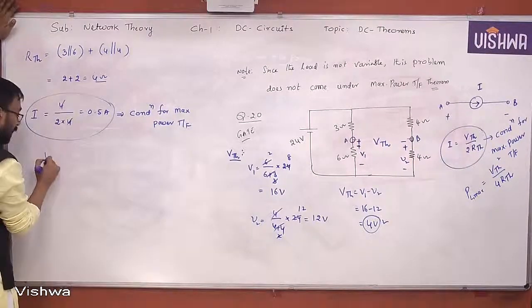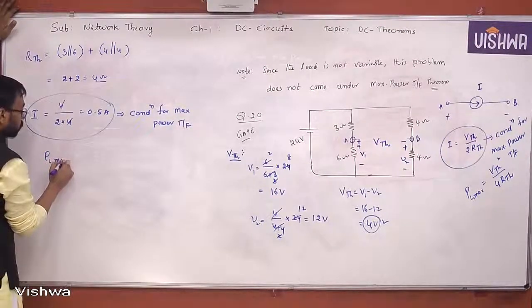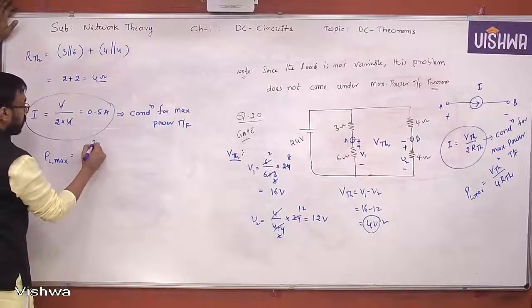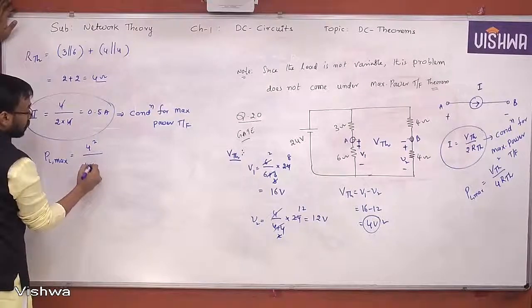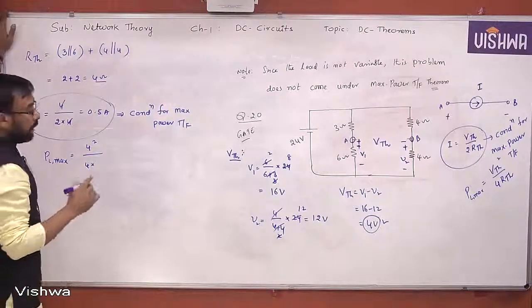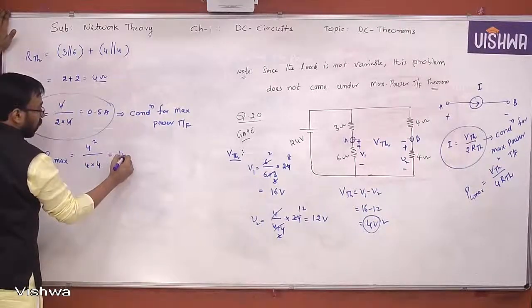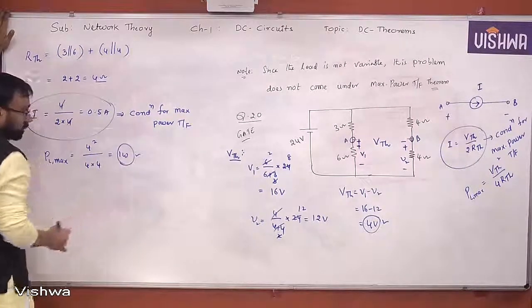What is PL max? PL max is VTH square, 4 square, by 4 times RTH. RTH is also 4, therefore 1 watt. This is PL max.